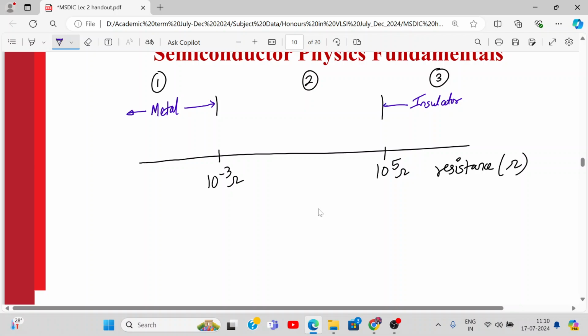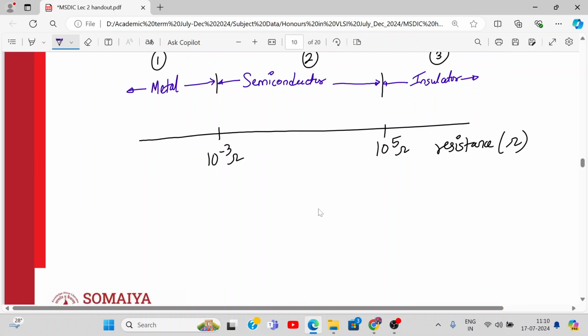High resistance means no current flow. Insulators don't allow any current to flow. And semiconductors, 2. Yes. For semiconductors, a large variation in resistance is possible. So this is just the information I wanted to give you all.